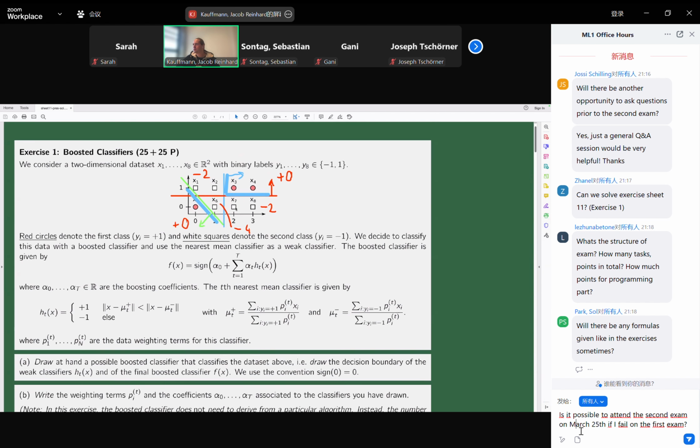How to best prepare for the programming part? Right. So basically the same way as for the theory part. Go through the homework and try to solve it again without referring to the documentation, just so you know some of the basic functions that you need.